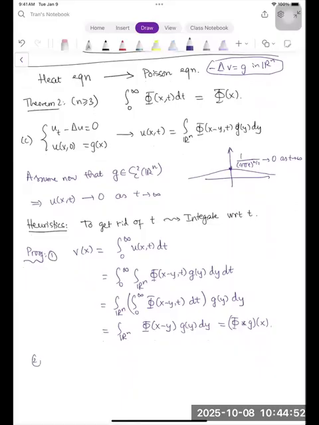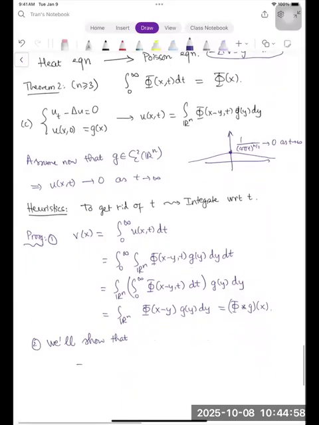The second part is that we show that minus Laplacian of v of x equals g of x. Remember earlier when we did this, we used a technique of cutting out the singularity by a small ball and then letting the radius of that ball go to zero.